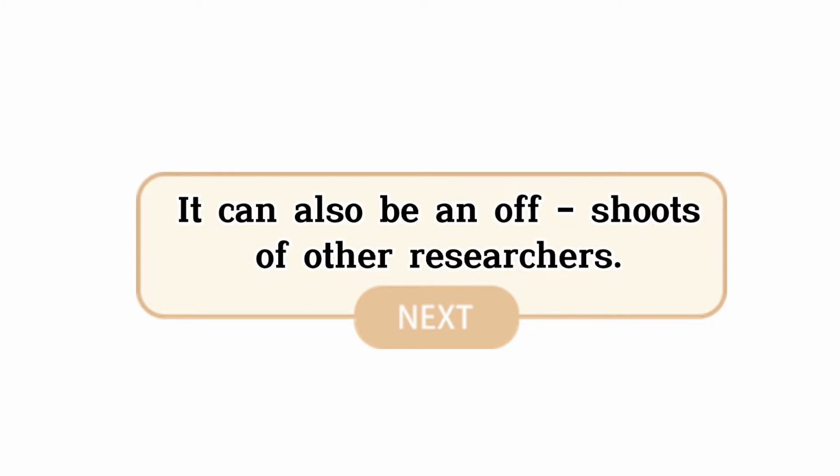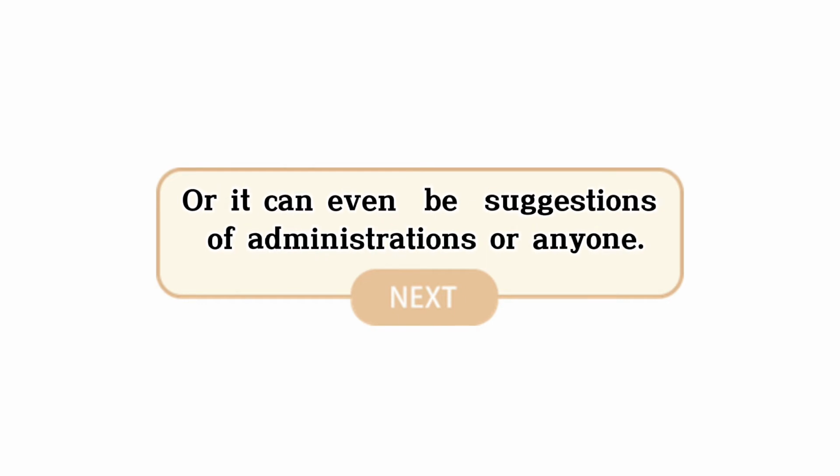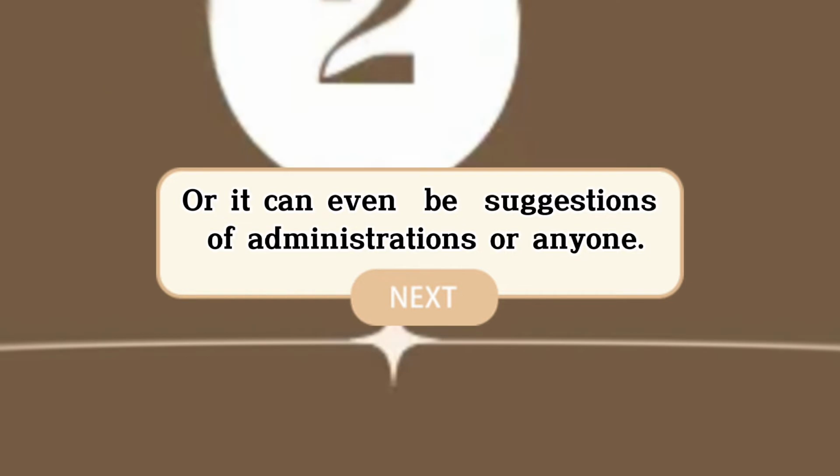This can be found in the recommendations of a study. There might be areas that a certain study had not covered, so you might want to tackle and know more about that. The third one could also be suggestions for other administrations.